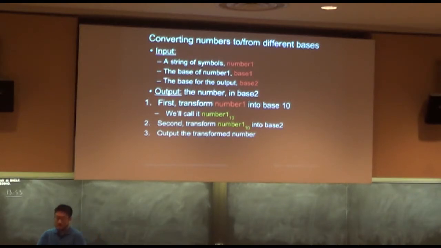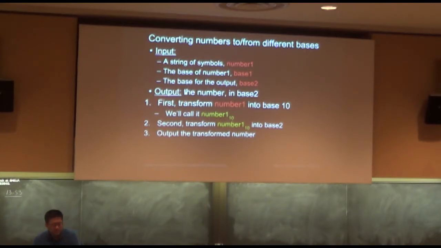And we know the base of the input value that we want to convert. And we also know the base for the output, which is the base of the number that we want to convert this to. So those are our three inputs: the input base, the input number, and the output base. And the output that we want is the number in base 2. In other words, expressing the number in the right symbols for base 2 to be equal in value to the number in base 1.